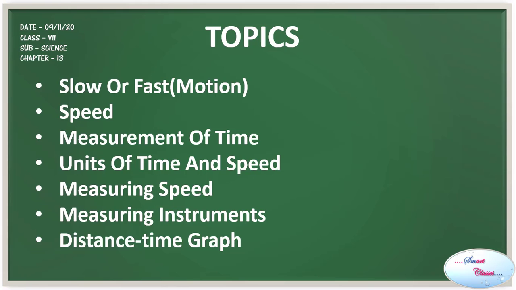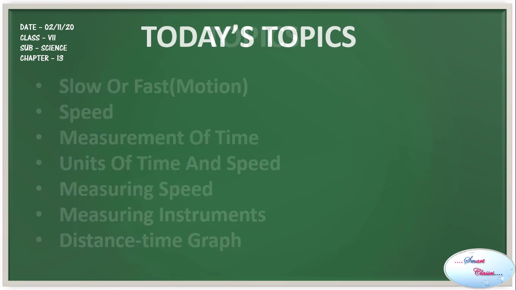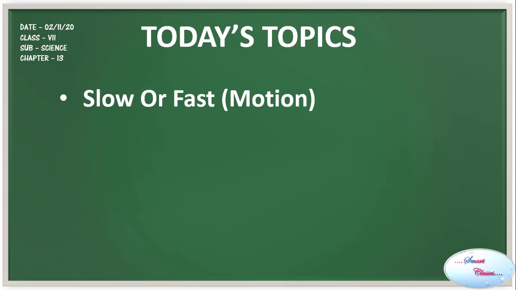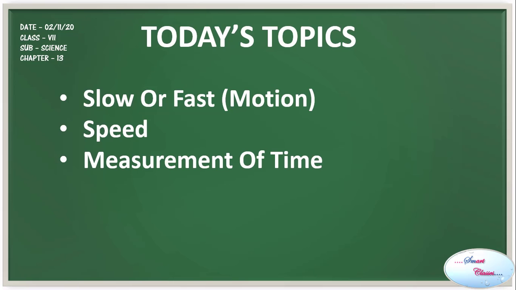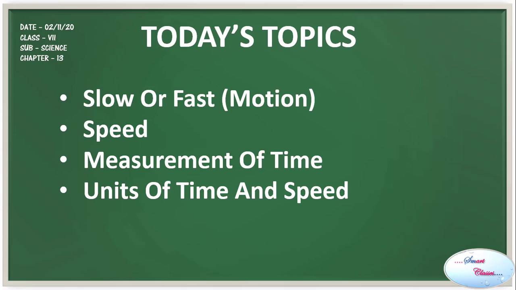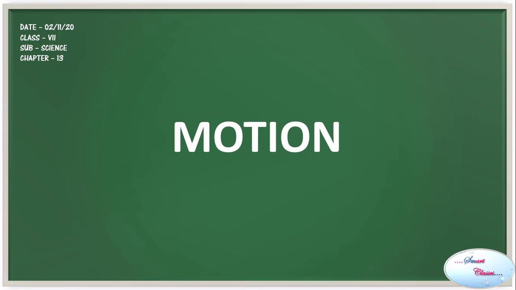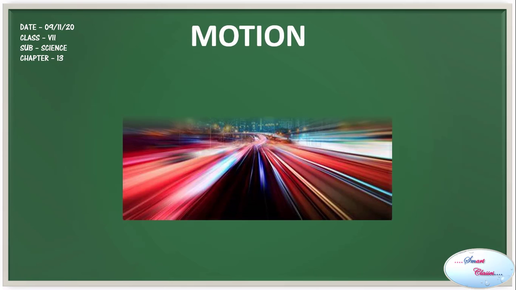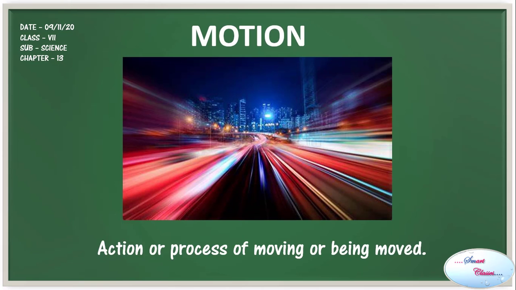But today we are going to cover only motion, slow or fast, speed, measurement of time, and units of time and speed. So, what is motion? Motion is the action or process of moving or being moved.